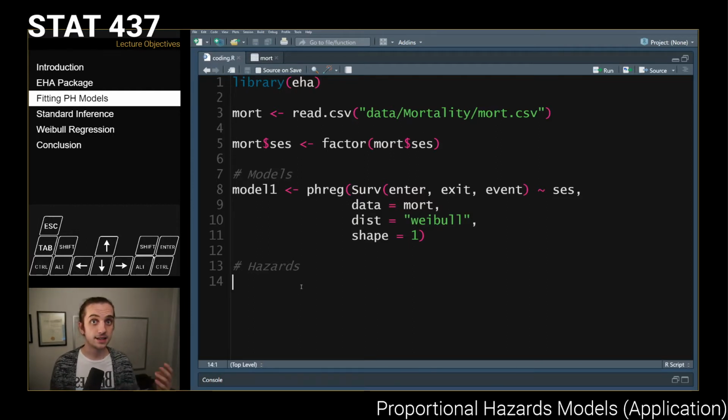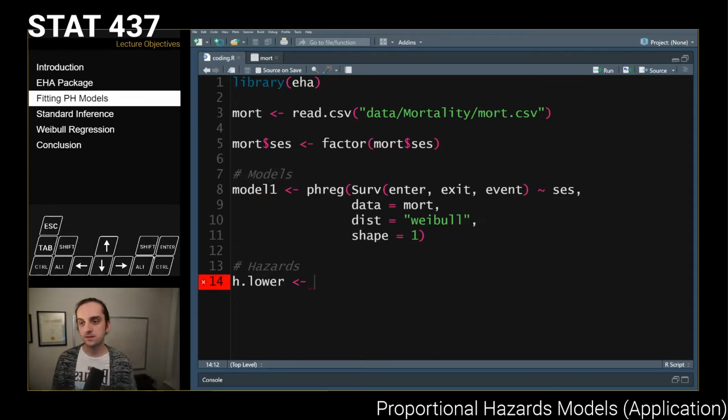In this case, that exponential linear predictor is either for someone in the lower socioeconomic status or in the upper socioeconomic status. Because of that, we're going to have one hazard assumed constant for all individuals in the lower socioeconomic status, and one constant in the upper. So we could take H lower, and we want to get the hazard estimated out of this model.